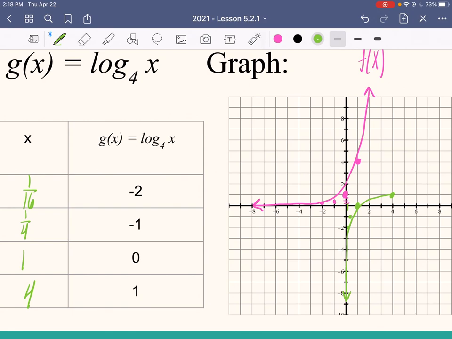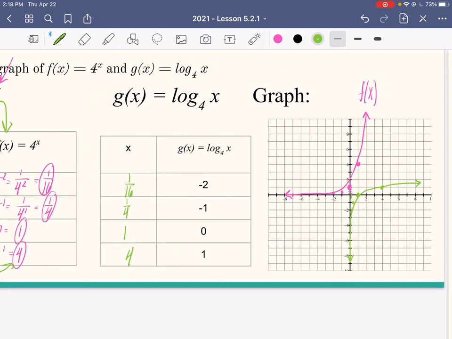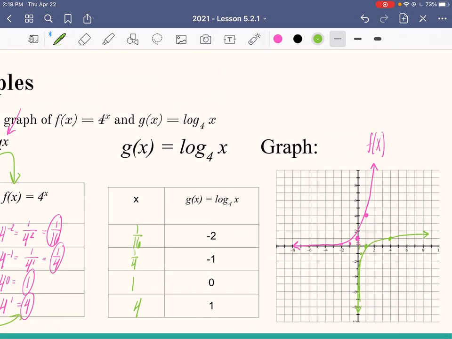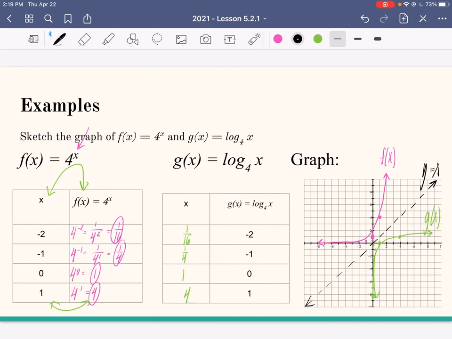Make sure, I know mine looks awfully close to the y-axis, that it's not actually crossing over there. So this is g of x. And again, you can do kind of a quick visual check. Does it look like it's reflecting over the line y equals x? If it doesn't, then something probably went wrong.